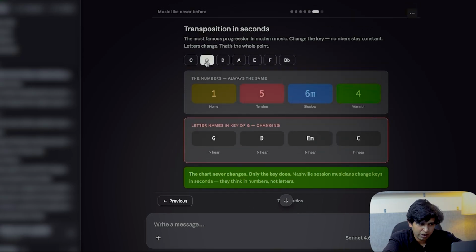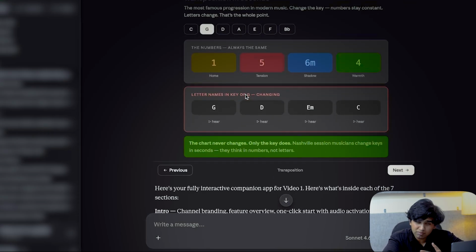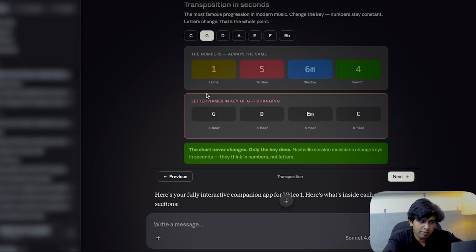Again, coming to the key of G, if you notice, we haven't changed the numbers yet. Actually, we'll never change the numbers. Now, coming on to the key of G major. G is 1. G, which was 5 in the key of C, is now 1 in the key of G, right? See how the relationships change, and relationships in music is what matters.